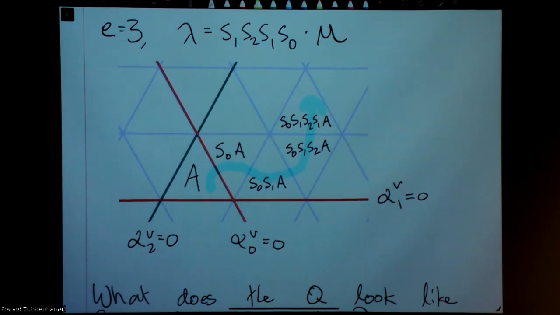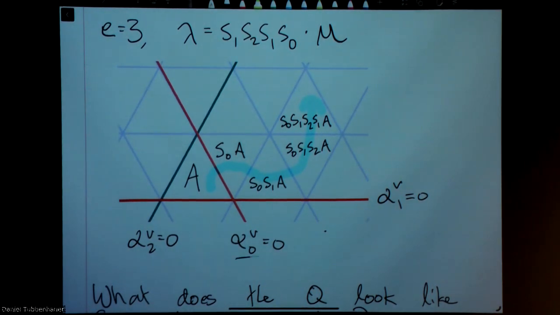Right? So, for example, this is S1, S2, S1 applied to alpha 0 check equals 0. Similarly for all these other hyperplanes I crossed. Sorry, there are always inverses involved, right?